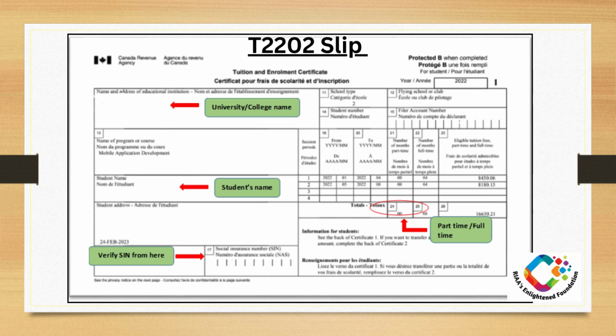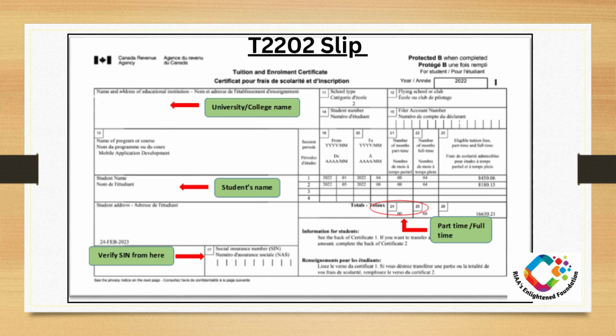On the right-hand side, the columns contain the amount of the tuition fees which you have paid, and the date on which your study course started till the date of the closure of that course.